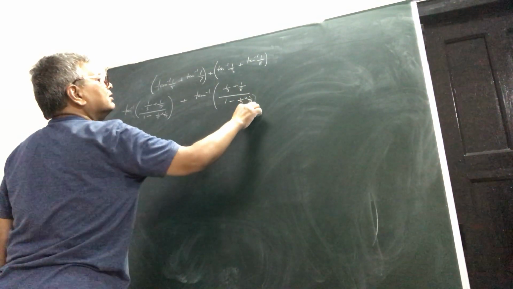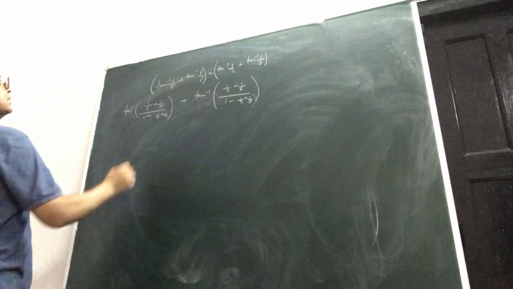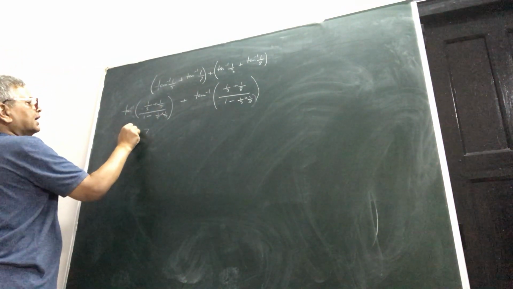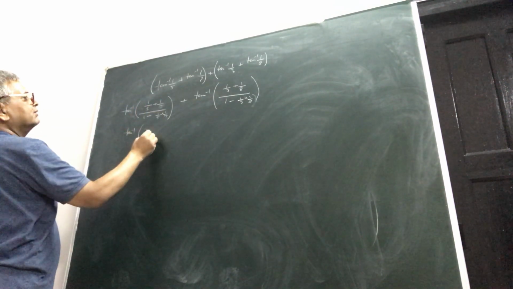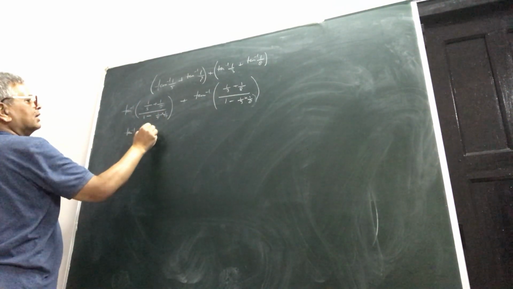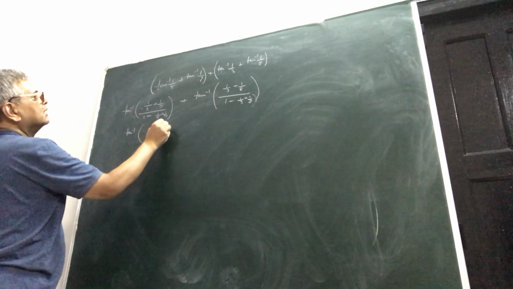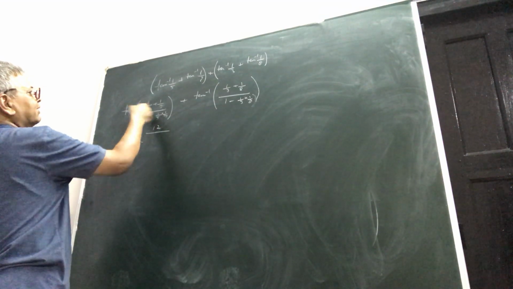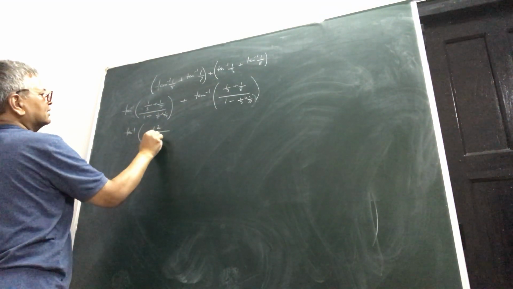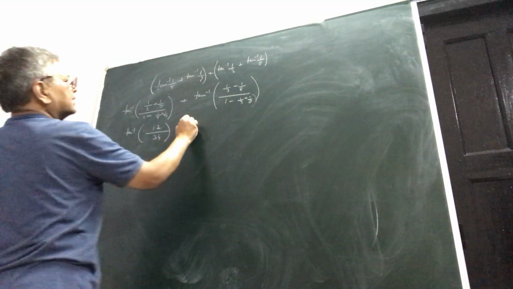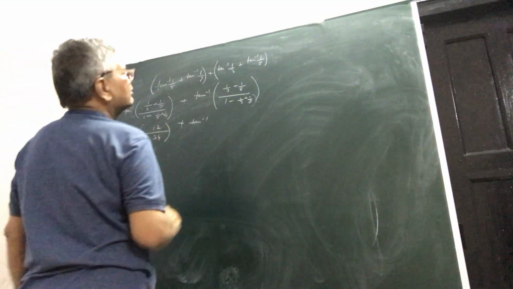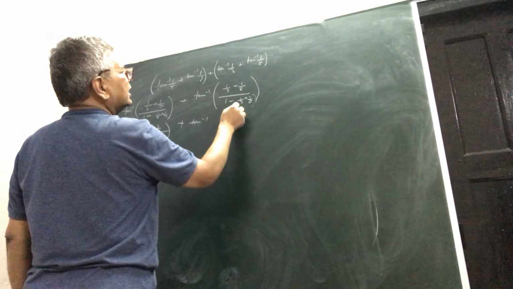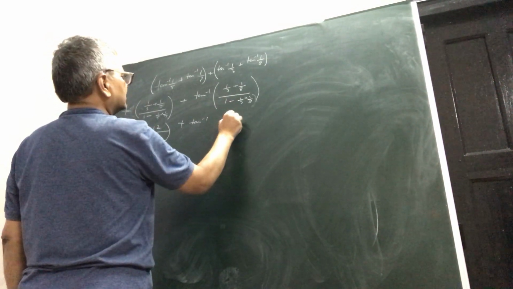So it will be how much? 7, 5, 35. So it will be tan inverse 7 plus 5, 12 upon 35 minus 1, so 34, plus tan inverse 8, 9, 10, 11 here, 11 upon 8 into 3, 24 minus 1, 23.